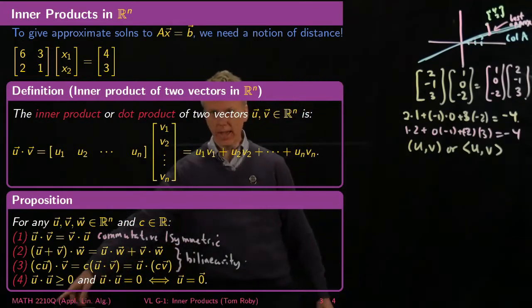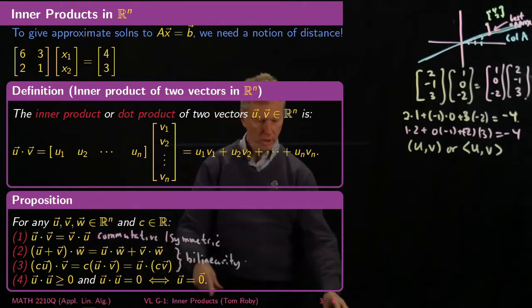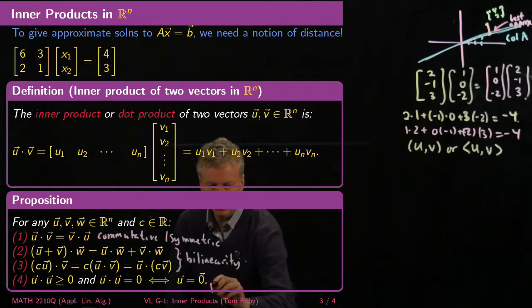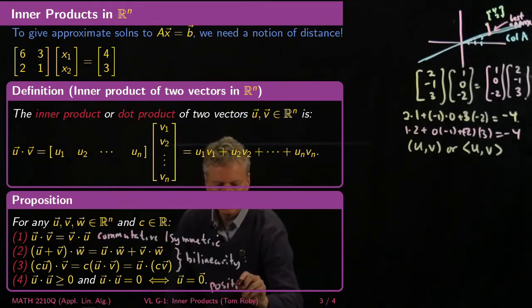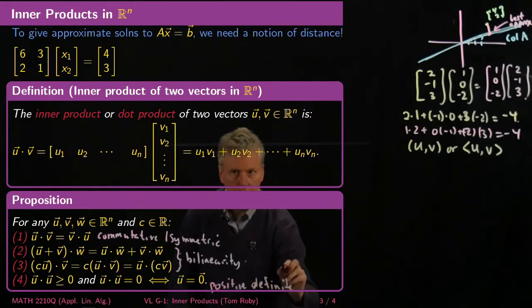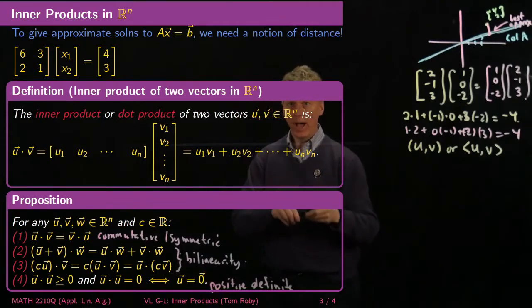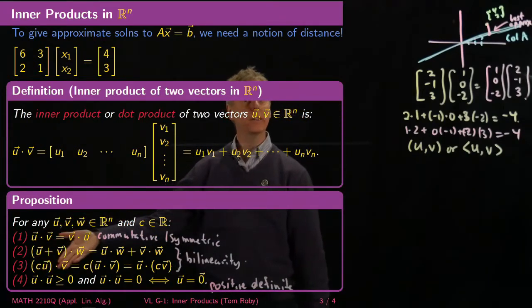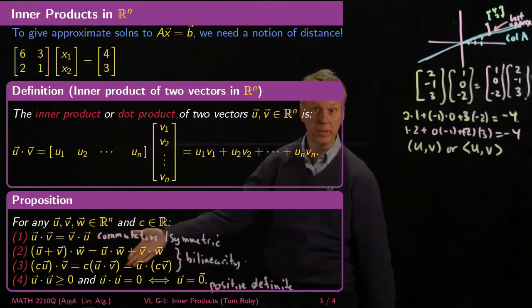And so finally, this last one is sometimes called positive definite. So I guess I'll write that down here. Definite. Okay, so the positive part really means non-negative. So if I take the inner product of two vectors, I always get something bigger than or equal to 0.